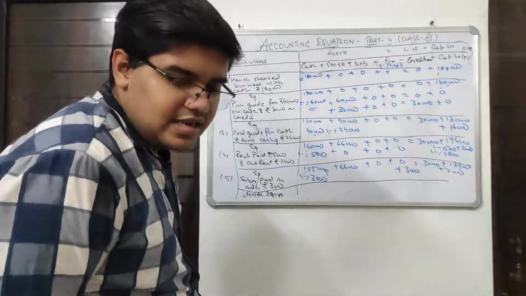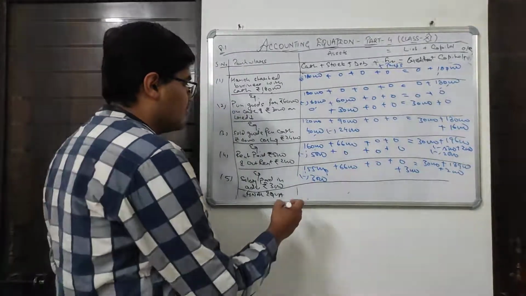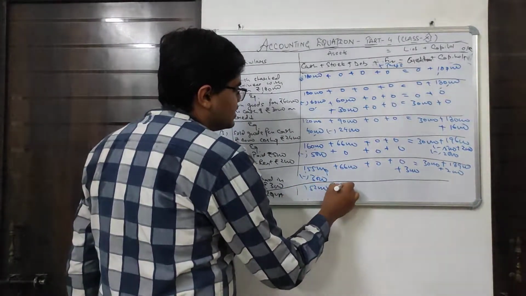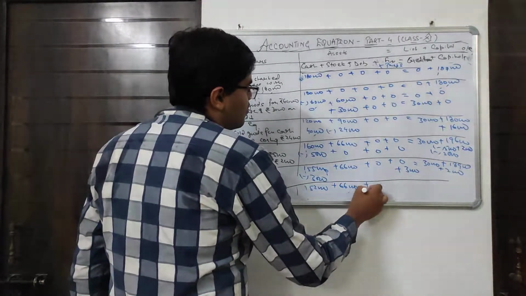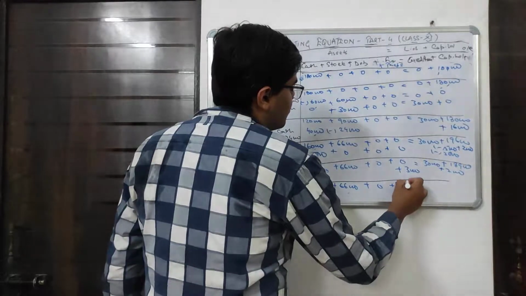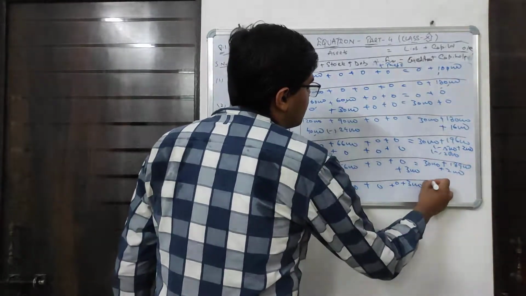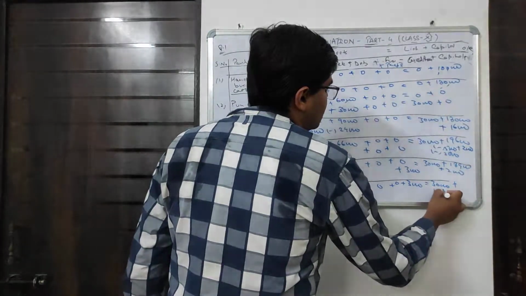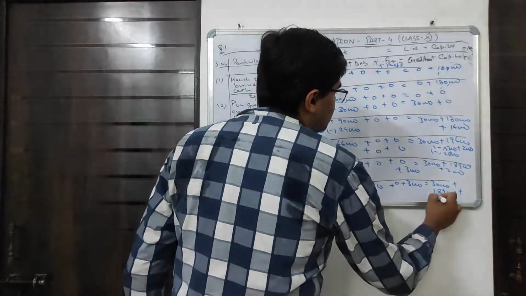So our final equation will be 1,52,000 plus 66,000 plus 0 plus 0 plus 3,000, equals 30,000 plus 1,89,000 plus 2,000.